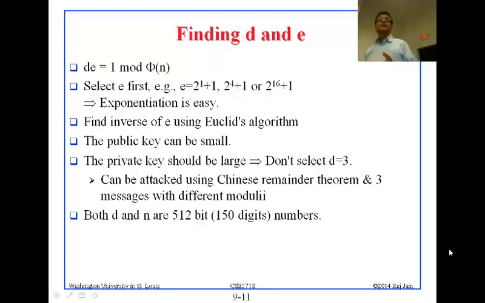If it is 17, 2 raised to 16 plus 1, then you just raise it by powers of 2 and then multiply it at the end. So this is a simpler calculation. So we select E to be generally small, for easy calculation.